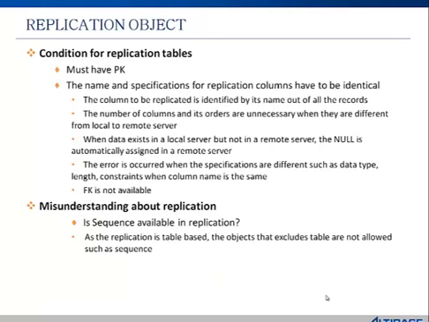There are certain rules for replicating tables. First of all, the table must have a PK. As the data is replicated by PK value, a table with no primary key cannot be assigned for replication objects. The specification for replication tables must be identically matched. If either the column name, data type, constraints, or column size is different, the replication cannot be processed.